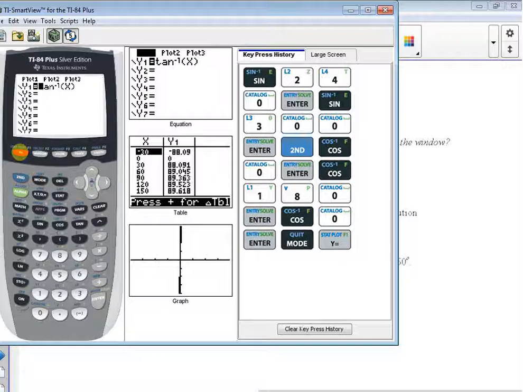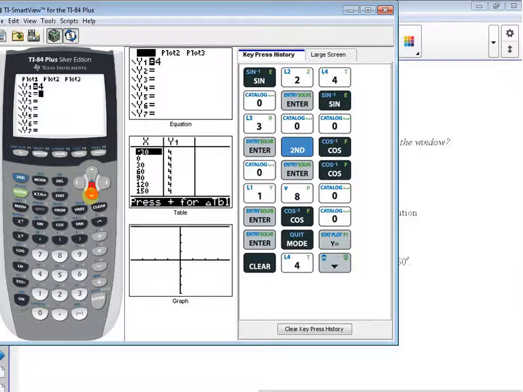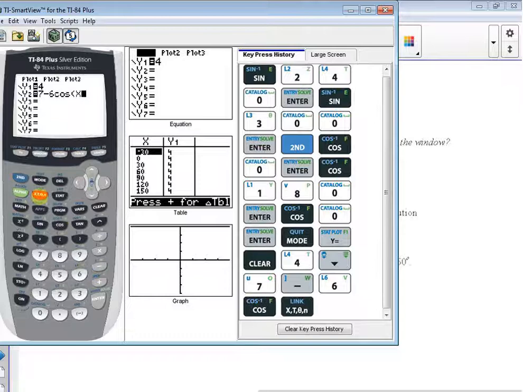I plug it into my calculator as y1 equals 4. That's the left side of the equation. And the right side, I'm going to put 7 minus 6 cos x. You should be doing this along with me.